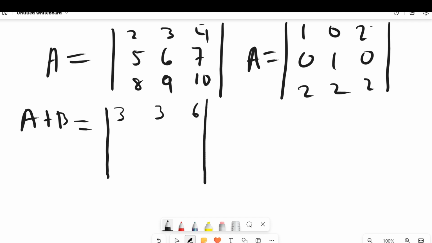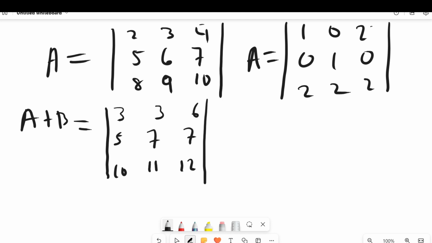And 5 plus 0 is going to give us 5. 6 plus 1 is going to give us 7. 7 plus 0 is 7. 8 plus 2, that is 10. 9 plus 2, that is 11. And 10 plus 2, that is 12. So this is the matrix that we got after adding those two matrices.